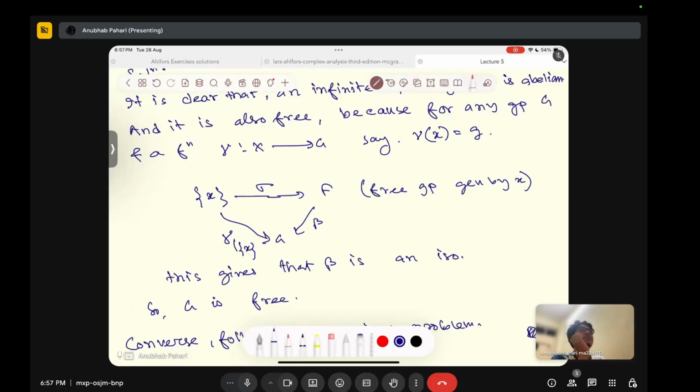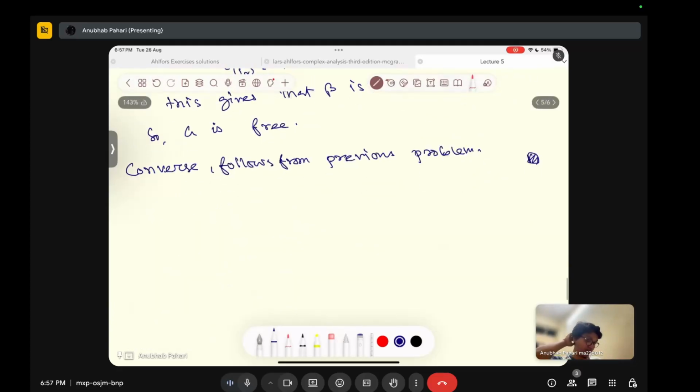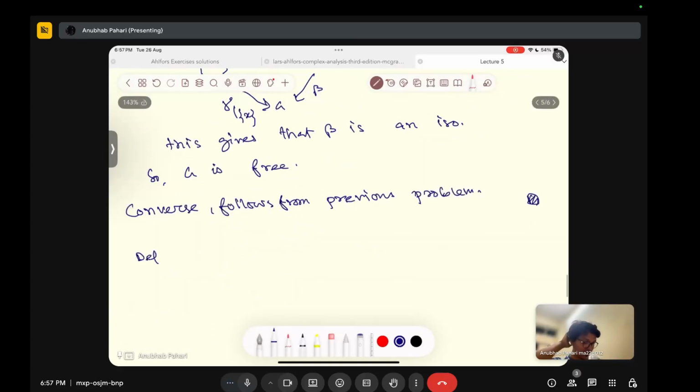So there is a thing, the universal property for the free groups. Okay, let us define what a free group is, if it has not been done in the classes properly.